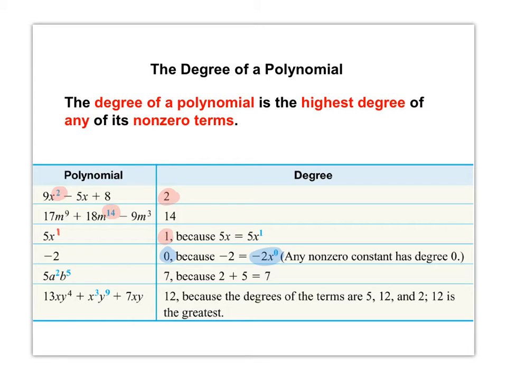The next example, 5a squared b to the 5th, has a degree of 7. And to find that degree, you add the exponents, 2 and 5, to get 7. The last example, 13xy to the 4th plus x cubed y to the 9th plus 7xy, has a degree of 12 because if you add those greatest exponents of 3 and 9, you get 12.